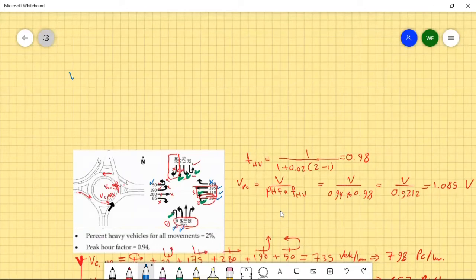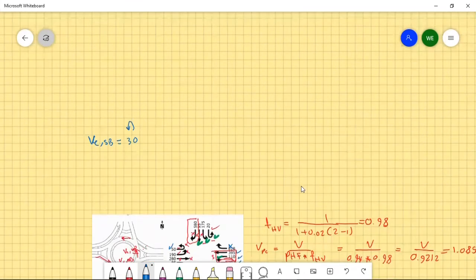So V exit for the southbound, which exits here, equals how much? What are the volumes that are heading to the southbound? It's basically this 30 vehicles per hour, this one.